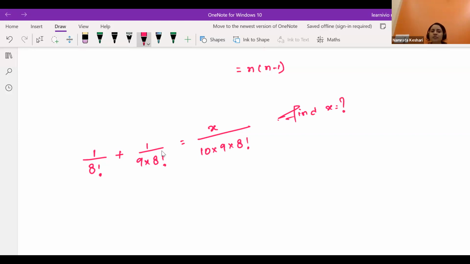Okay. So the way we take the LCM, we start solving. Here also we'll take the LCM. What will be the LCM on the left side? Guess what will be the LCM we'll be having on the left side.